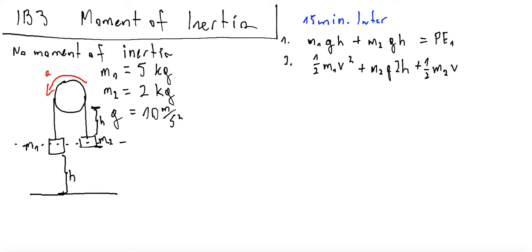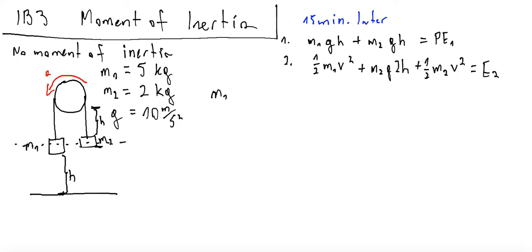Remember, in the case of kinetic energy, we have speed, not velocity, so direction is not important. So again, when m1 touches the ground, then m1 has kinetic energy, m2 has kinetic energy, and m2 has also a potential energy.